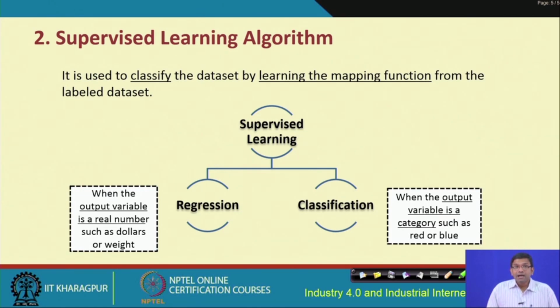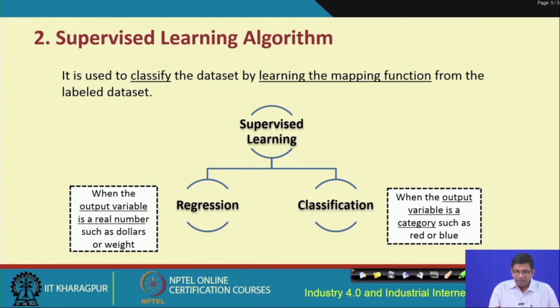So, next comes the supervised learning algorithm. In supervised learning algorithm, primarily we are talking about classification of data sets, by learning the mapping function from the label data set. So, supervised means that there has to be some kind of label data set, and based on the data set you are trying to make certain classification.